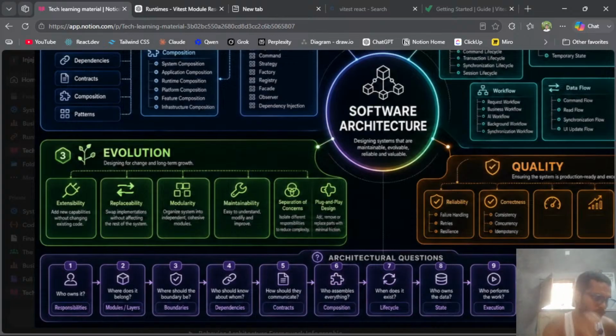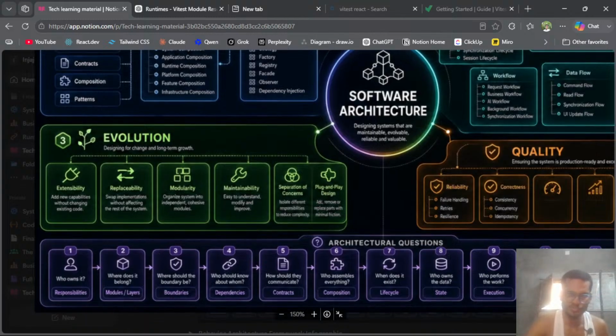You have to modularize your code, otherwise you cannot do these things. Then the big project requires maintainability, right? Then separation of concerns, plug and play design. As I said, you can easily attach any features. So that's called evaluation.